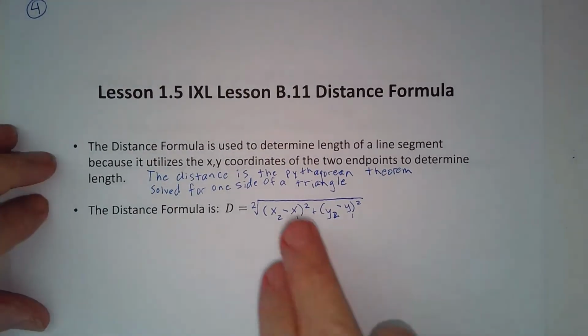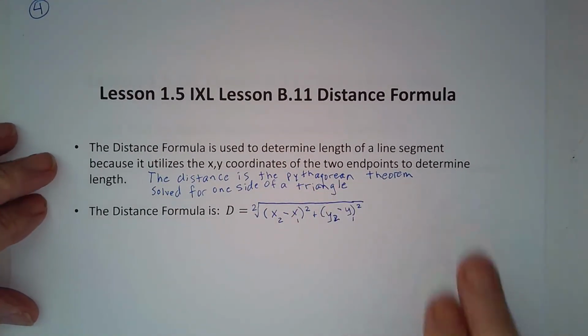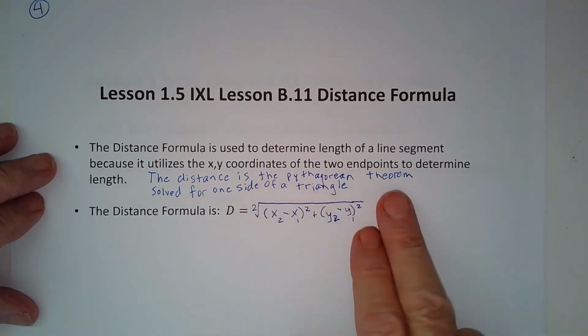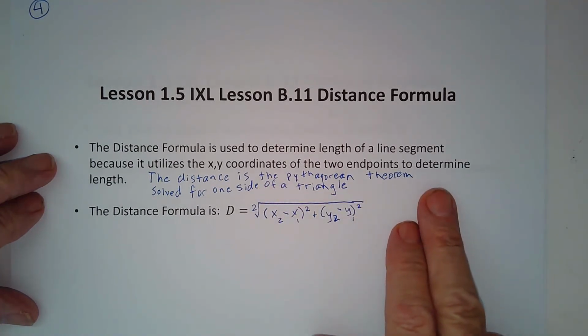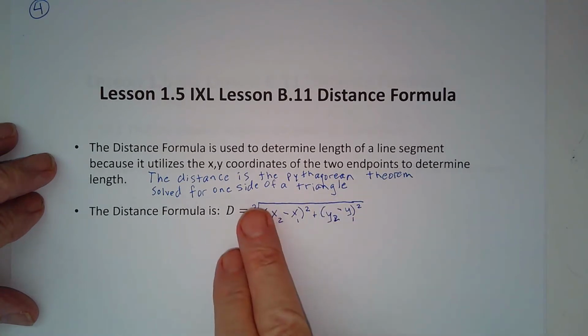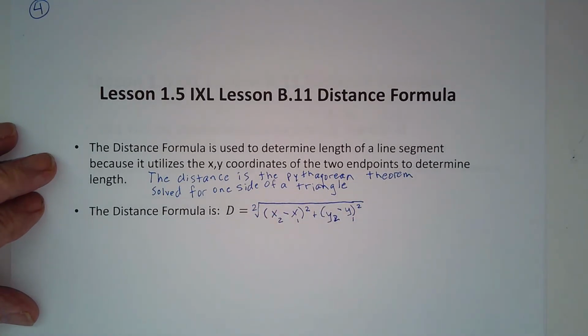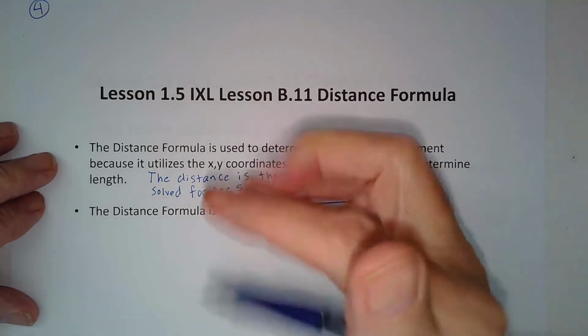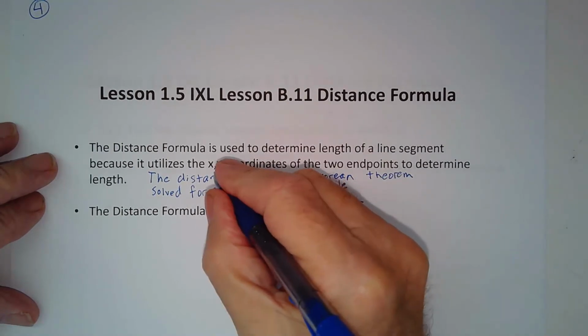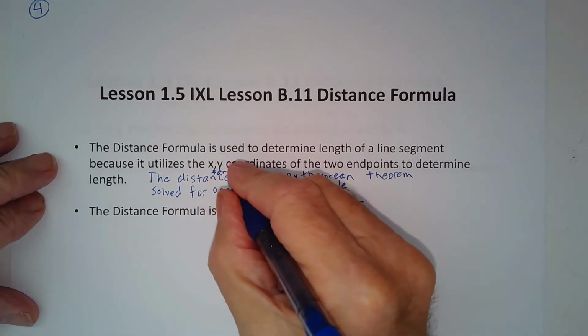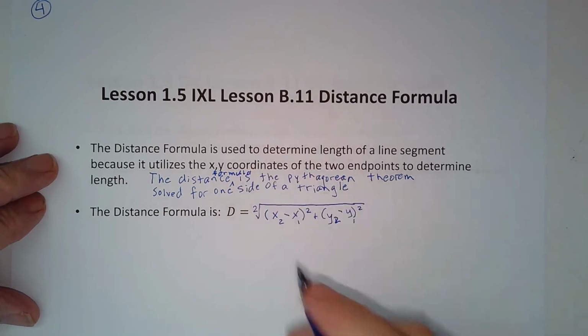Okay, so the distance formula is used to determine the length of a line segment because it utilizes the XY coordinates of the two endpoints. And the distance formula actually, and I should put formula here, put a little caret there and put it up above.